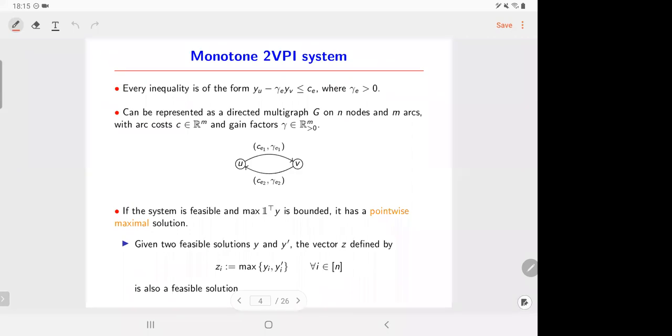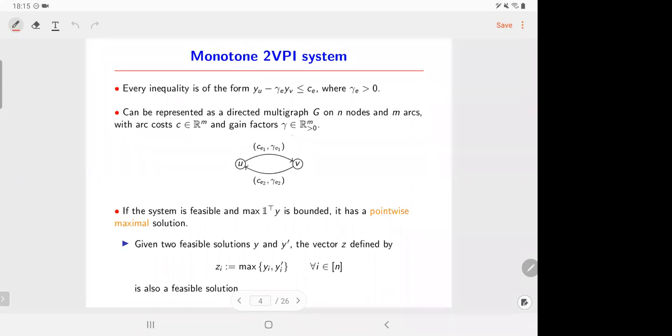The benefit of doing this is that we can now represent the monotone 2VPI system as a directed multigraph on n nodes and m arcs. Each inequality corresponds to an edge, and each variable corresponds to a node. Each arc has an arc cost of c_e and gain factor of γ_e.